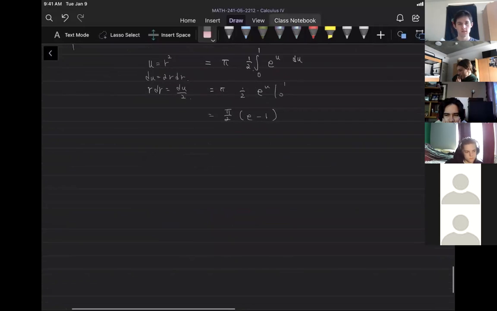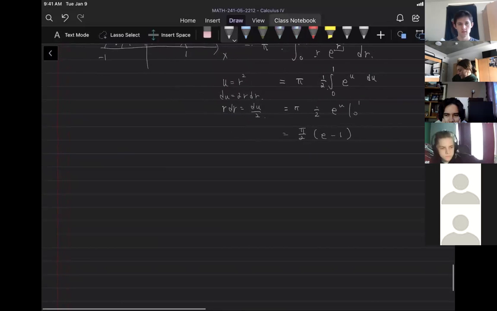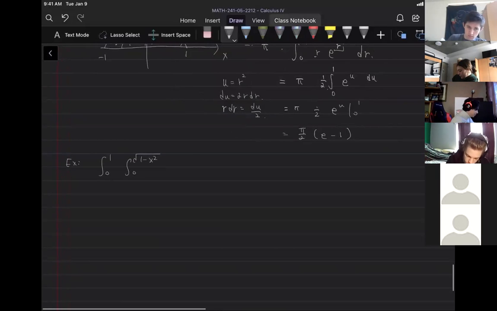Here, I'm going to ask you to do this exercise. If I want you to evaluate this one, Cartesian coordinates may work for this problem.